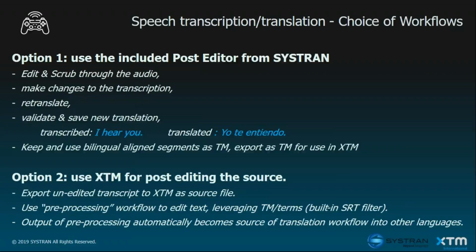But the benefits are you bring this source file into XTM as a source file, and effectively what you're doing is you're doing an initial translation step from one language to the same language. Let's assume that's English US, a common example. Then you're going to do what we would consider a translation step from English to English. Thereby you're effectively editing the English text.